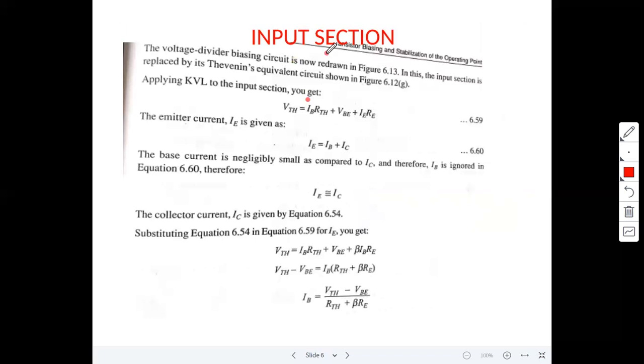Now, by using the input section, we have to derive the base current expression in two ways, two categories.